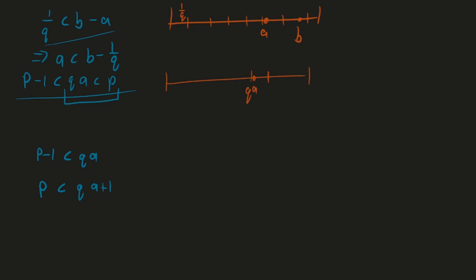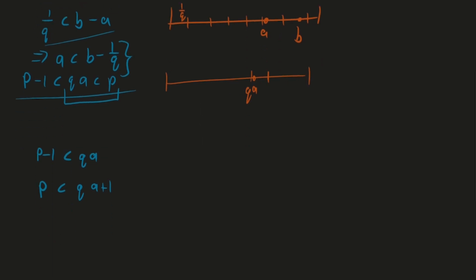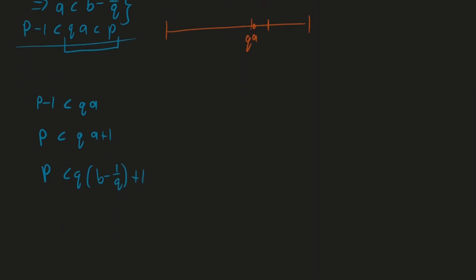Then we are going to use this little piece of information here. a is less than b minus 1 over q, so p is less than q times (b minus 1 over q) plus 1, which just becomes, when you expand it, which is again a property of the ordered field, you get p is less than qb, and that p over q is less than b, which is what we wanted to prove.